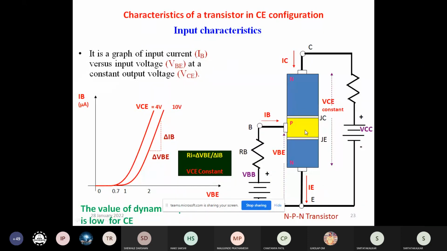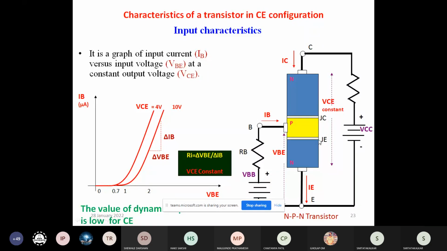In the N region, a positive charge is created, and in the P region, a negative charge is created. This process is known as junction formation.